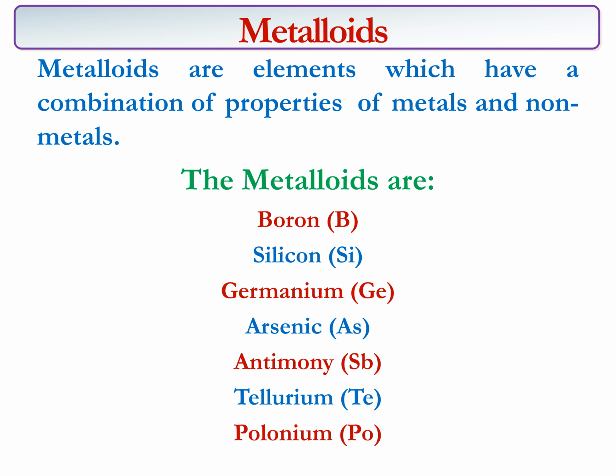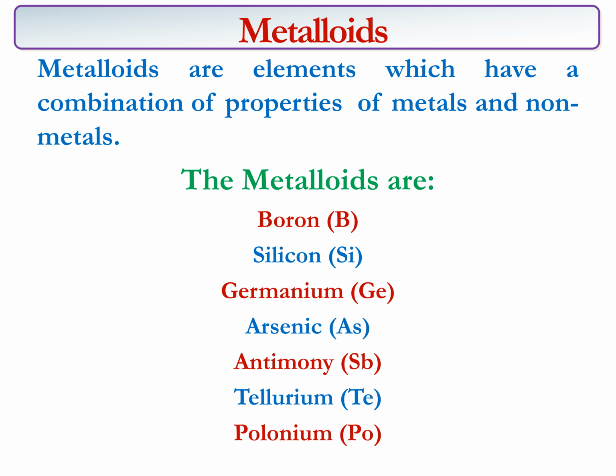So metalloids are elements which have a combination of the properties of metals and non-metals. So metalloids are neither metals nor non-metals. They are in between. So they have a combination of metals and non-metals.